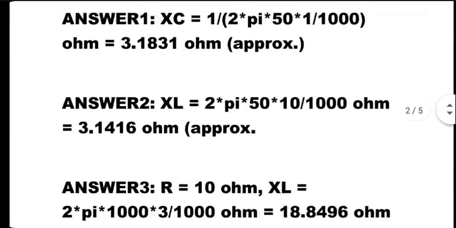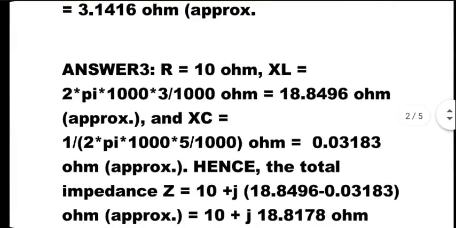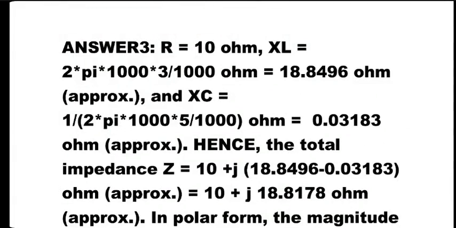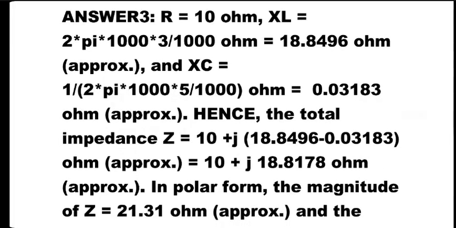I've done that, hopefully no mistake in my calculations. XC works out to 0.03183 ohm. So the total impedance will be R plus J times XL minus XC. So J times 18.8496 minus 0.03183. Oh, complex number, of course. So total impedance is 10 plus J 18.8178.